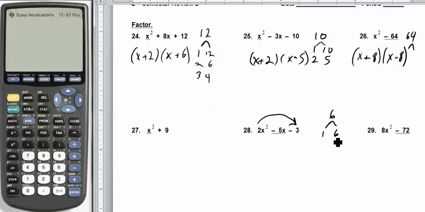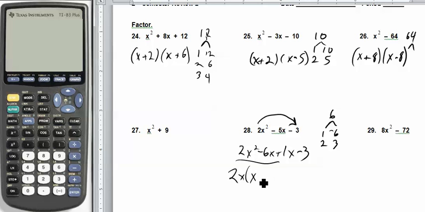So of course that's 1 and 6. So what we do with those in this case is we write down the first one, then we use these two, but we've got to add them up to equal negative 5, so this is going to be negative 6. So negative 6x plus 1x, and then we write down this. So what can I factor out of the first two? I can factor out a 2x. Once I've done that, if I take 2x out of this first one, I'm left with just an x.